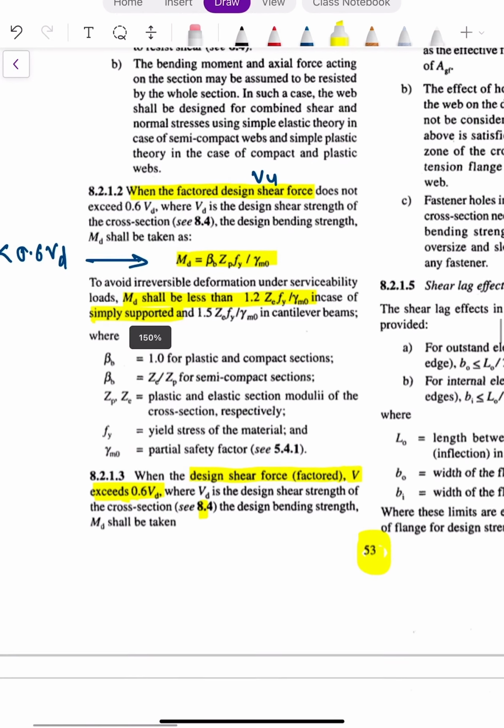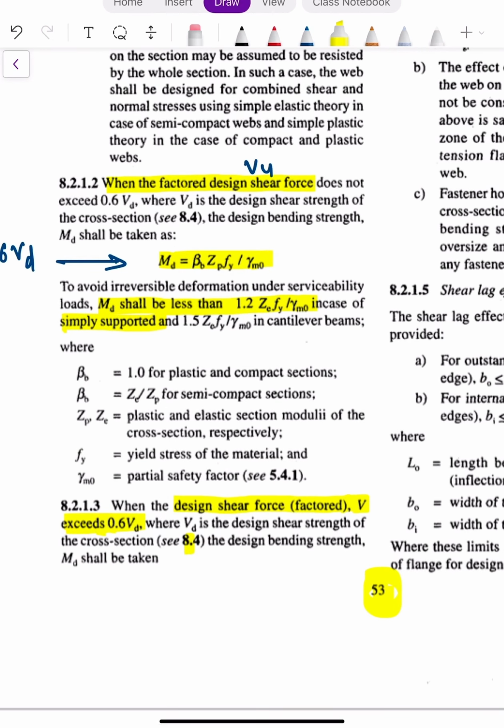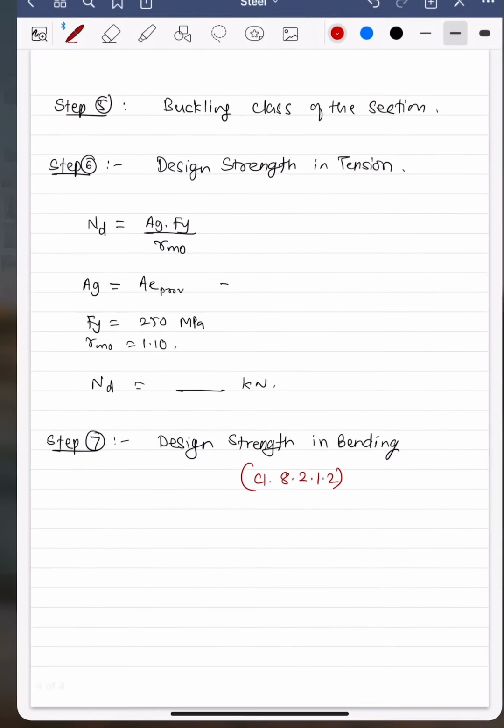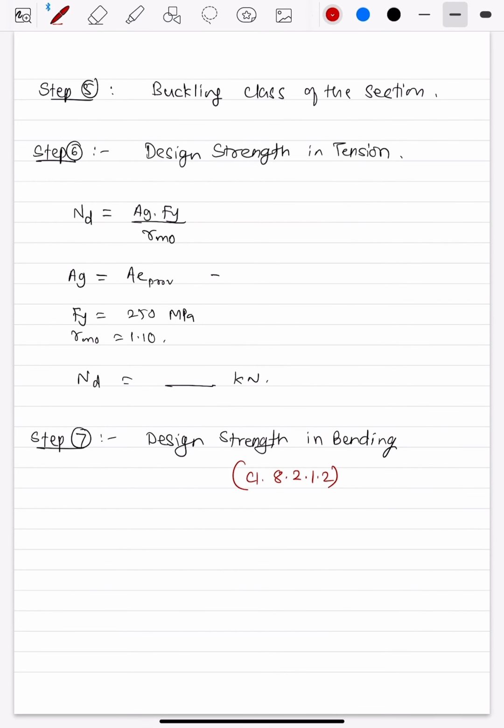You get this equation: Md is equal to beta b Zp fy upon gamma m0, clause 8.2.1.2.